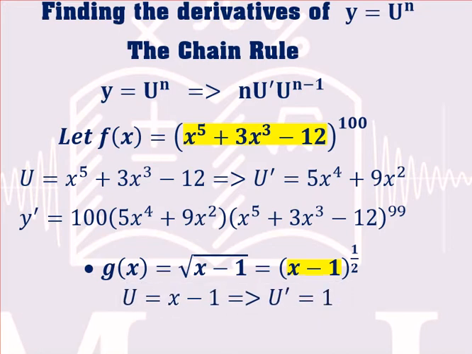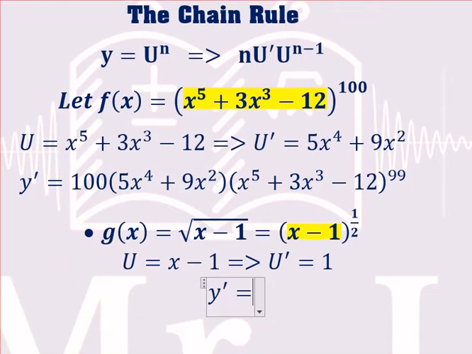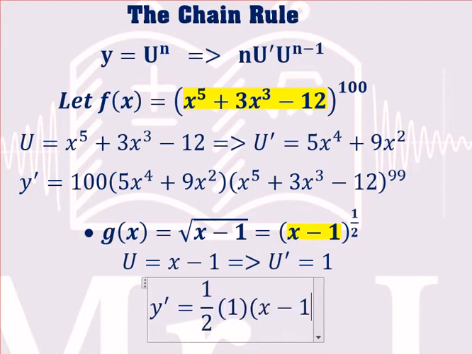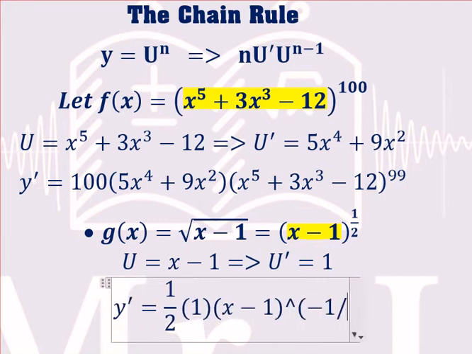Then all you have to do is apply the formula in which y prime is equal to n, which is half, multiplied by u prime, which is 1 in this case, multiplied by u power n minus 1, which is x minus 1 raised to the power negative half.